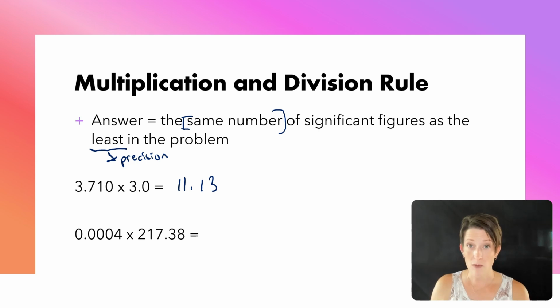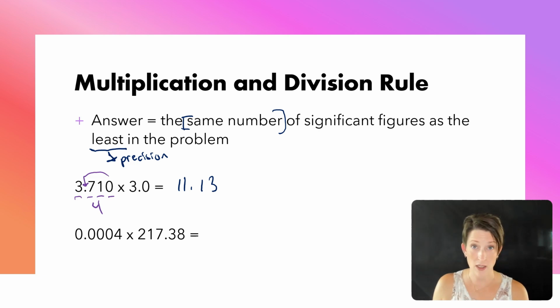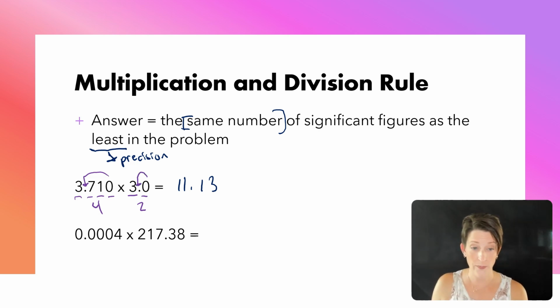Each number that started the problem, we want to determine the number of significant figures. In this first number, we have 1, 2, 3. Because this 0 is trailing a decimal, it is also significant. So we have 4 significant digits in this first number. We have 1, 2 in the second number because that 0 trails a decimal.